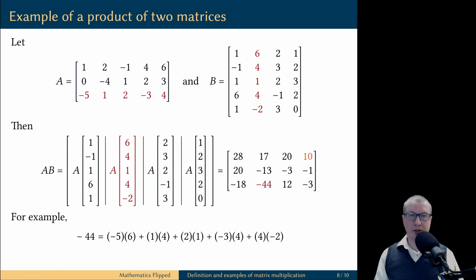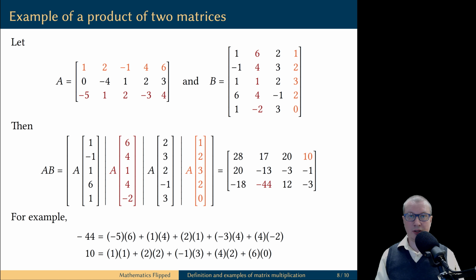Let's go through a similar analysis for another entry, let's say entry in position 1,4. This entry is located in column number 4 of the product matrix, therefore it comes as the first entry in the matrix vector product, matrix A multiplied by column 4 of the matrix B. Because this entry is in the first position, from the matrix A we only need the first row.